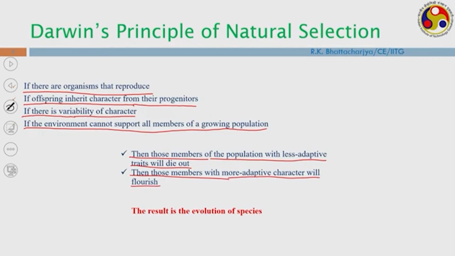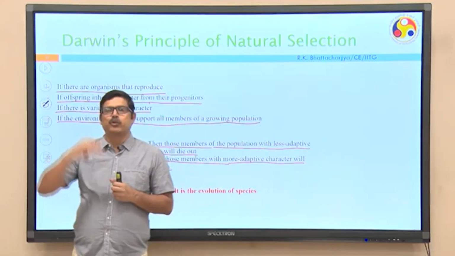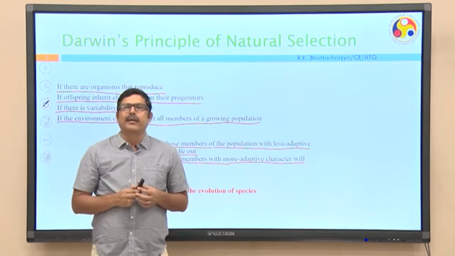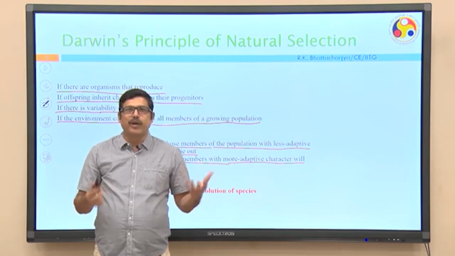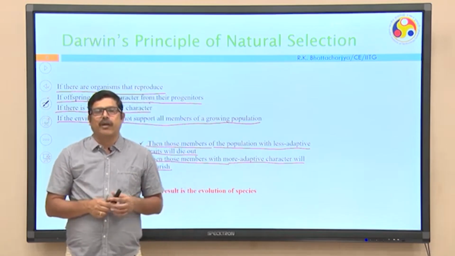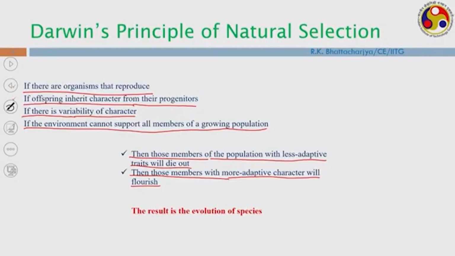As I said, once we shift some people to a higher altitude, those who are able to adapt to the new environment will survive and the others will be eliminated from the process. Those members of the population with less adaptive traits will die out, and those with more adaptive characters will flourish, and this results in the evolution of species.